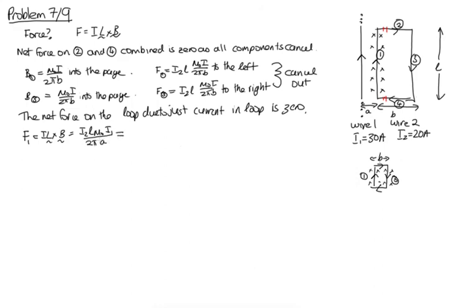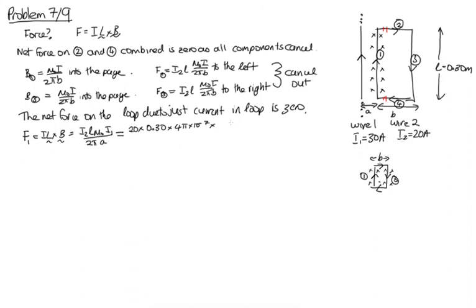And now we've actually been given numbers in the question that we can substitute in for this. So I2 we're told is equal to 20. The length we're told is 30 centimeters, so this is 0.30 meters. Mu naught is 4 pi times 10 to the minus 7.